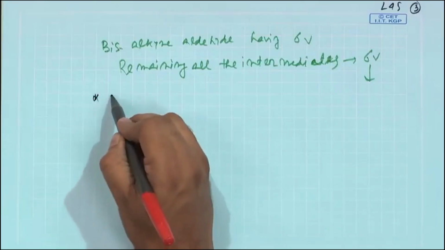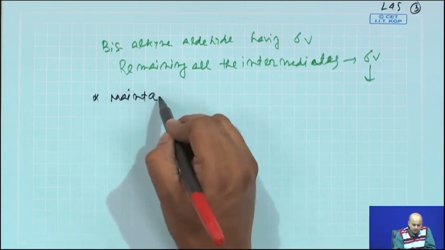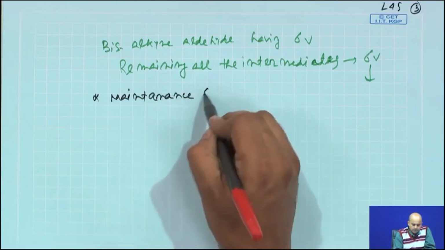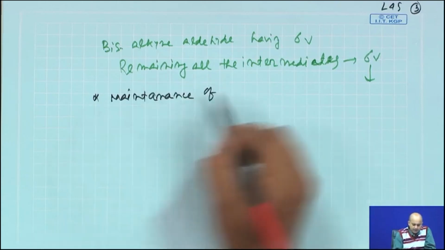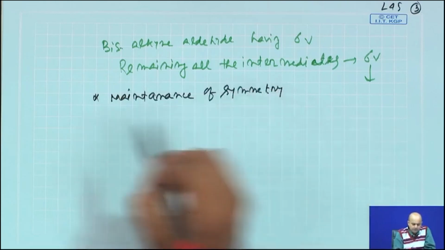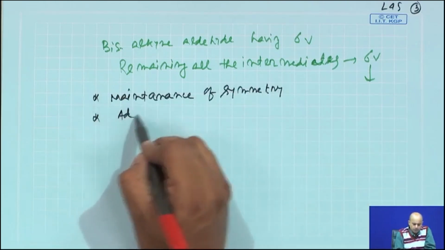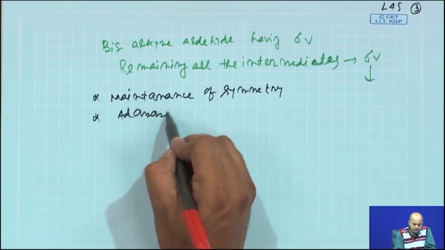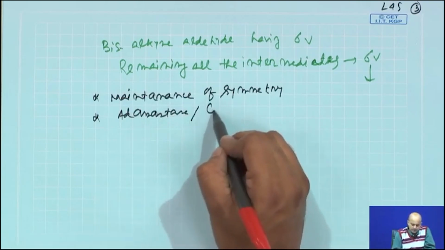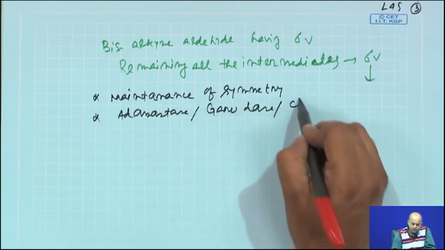We said we will be talking about maintenance of symmetry, which we have discussed, with examples of molecules like adamantane and garudane, and also the naturally occurring compound civetone.